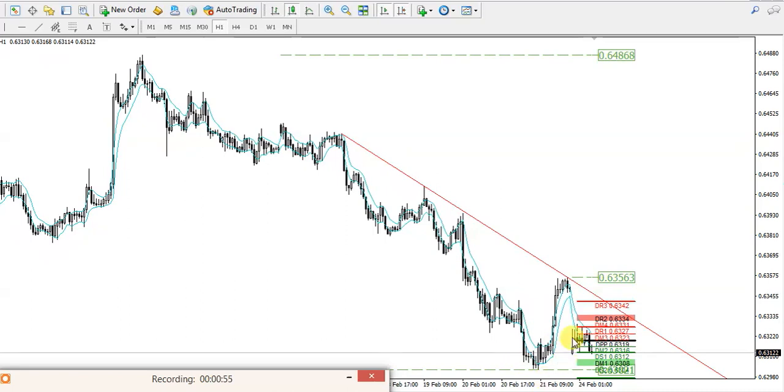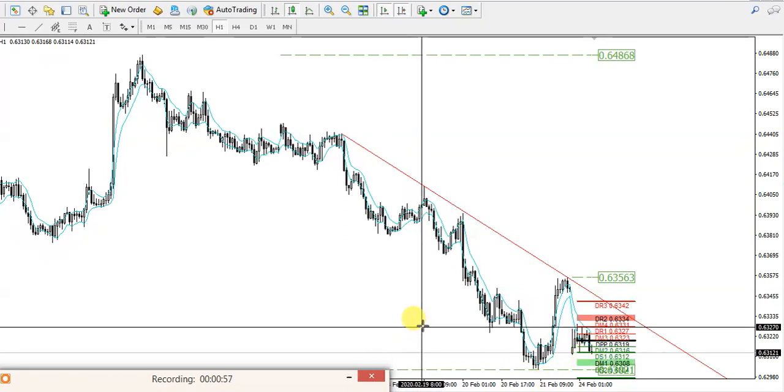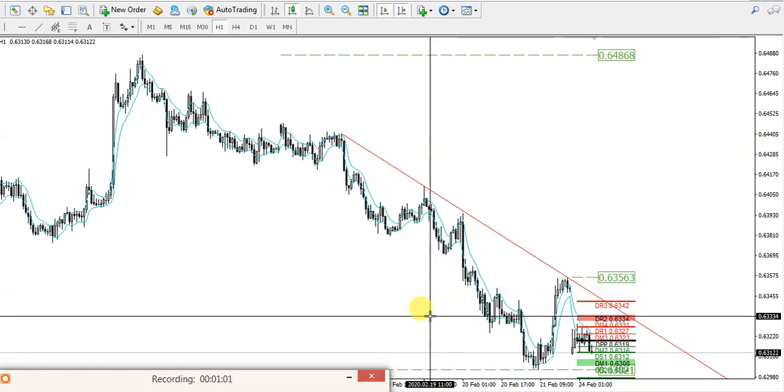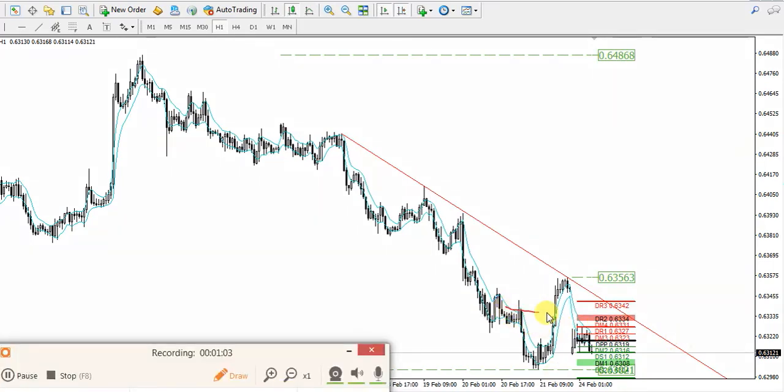So I'm expecting, if it's going to push a little bit higher, let's have a look, around 63.35, roughly around these highs possibly, unless the price continues to fall and then retraces back up to these highs.